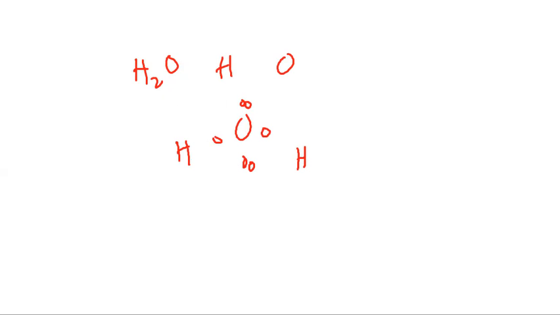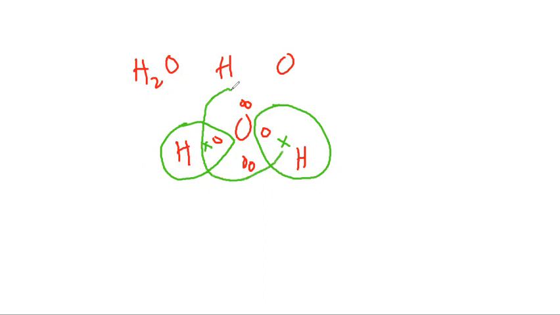For hydrogen, I use a different color, so I just use cross. As you know, hydrogen is stable when it shares two electrons, and oxygen will share with two additional hydrogens, so you'll have H2O.